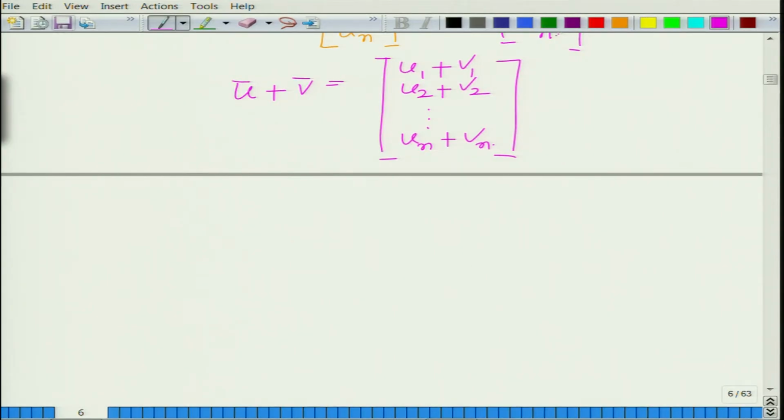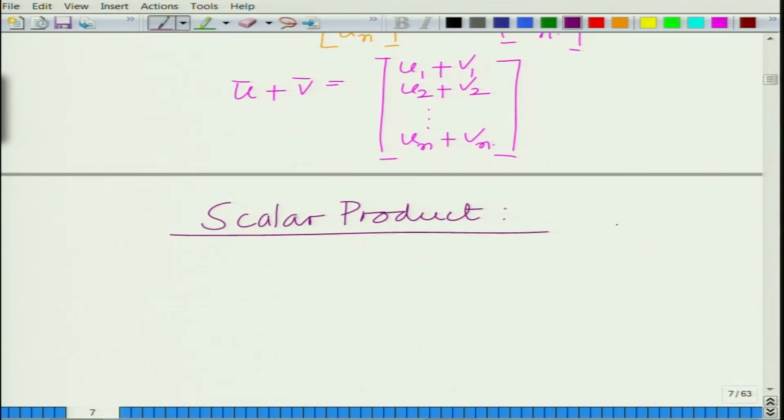And let us now consider the scalar product. You have u bar, and you have k, that is a scalar.